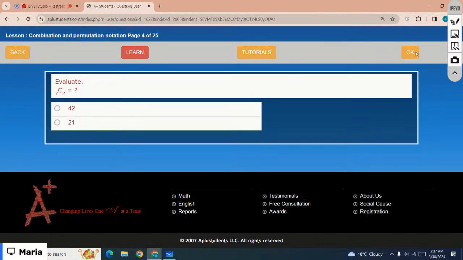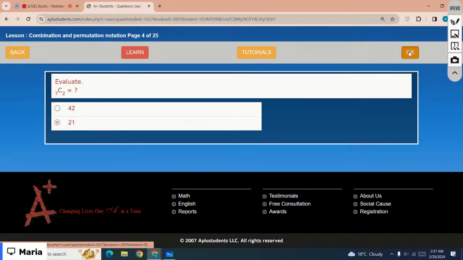The next one is 7C2. You have to evaluate the combination. So, which is the correct option? Yes, 21.